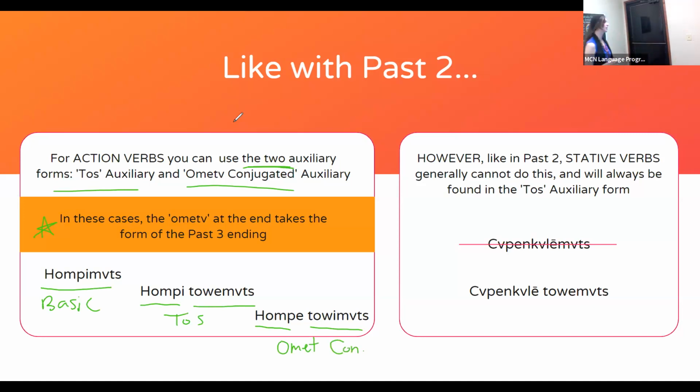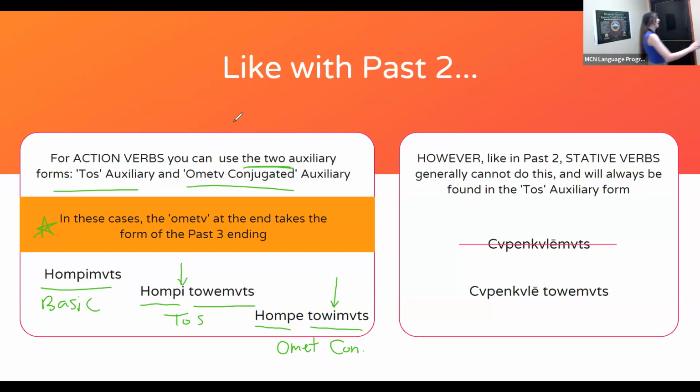And we can tell because for dos auxiliary, the person marker stays on the main verb, and we just have dos in the correct tense, doi mutz being the tense in this case. Versus omata conjugated auxiliary is where the person marker is on the omata instead.